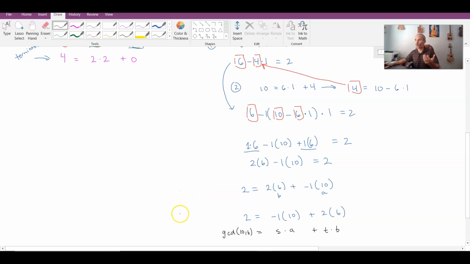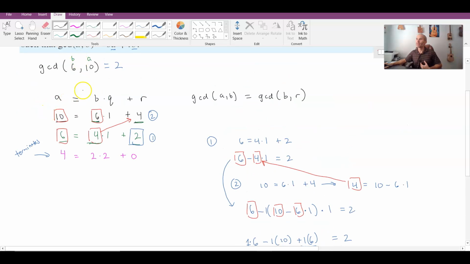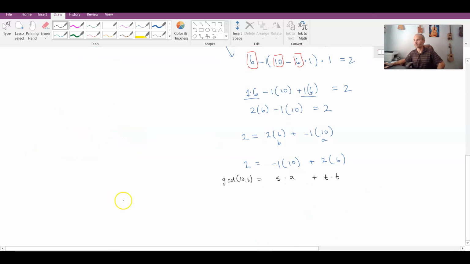This will work for any two values, and we can see why, because the back substitution process allows me to get back to my original two values A and B, 10 and 6, via these substitutions. Let's take a look at another example.